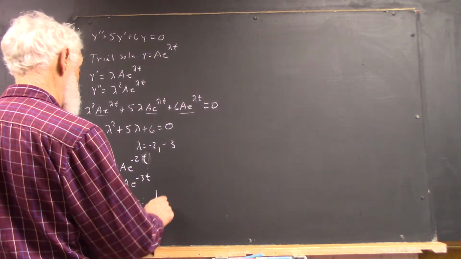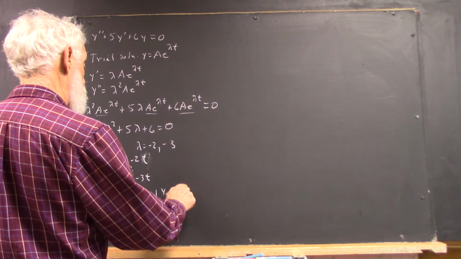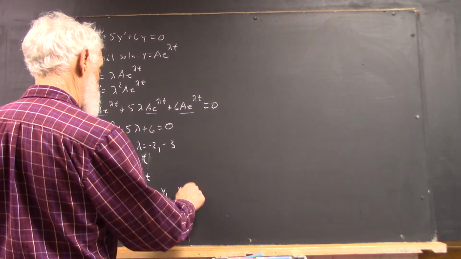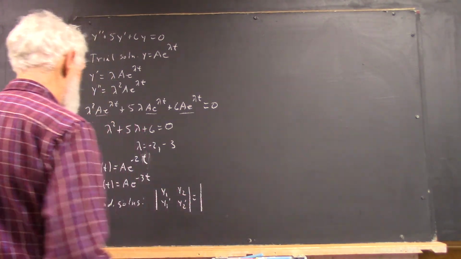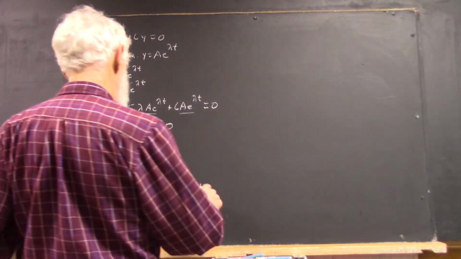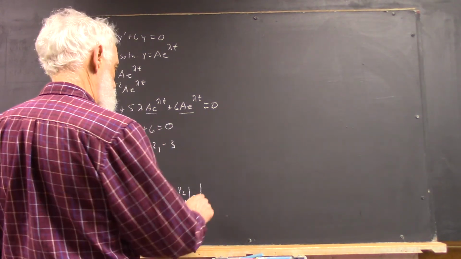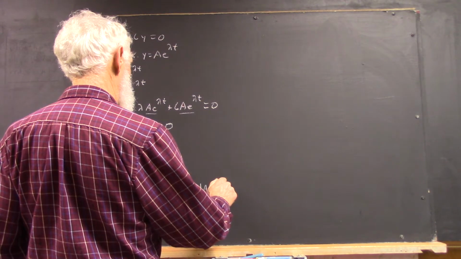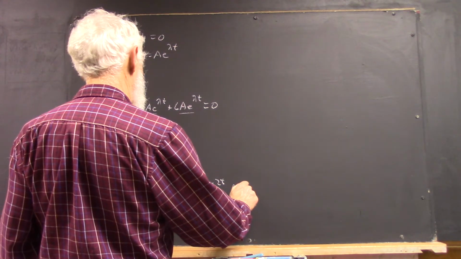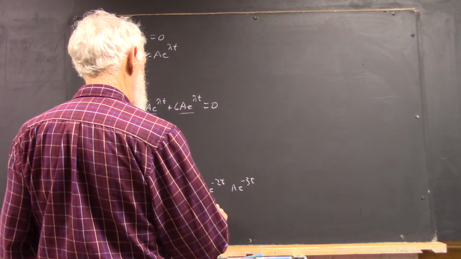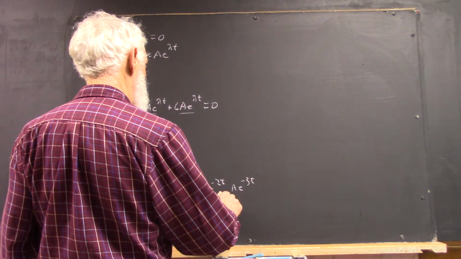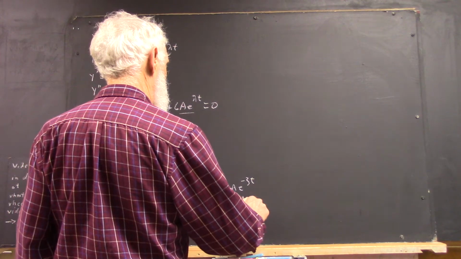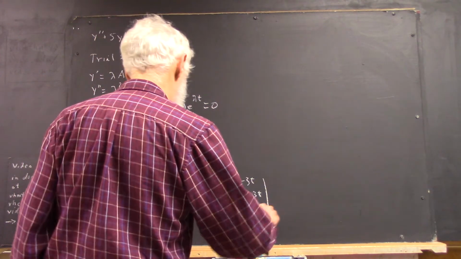Because the determinant of y1, y2, y1 prime, y2 prime, which of course then is equal to what? I'll keep the a in here. a e to the -2t, a e to the -3t, -2a e to the -2t, -3a e to the -3t.